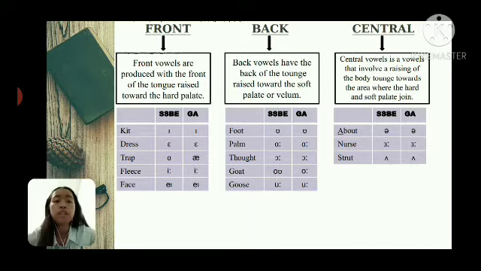Back vowels are sometimes also known as dark vowels. It's the opposite of the front vowels because they are perceived as sounding darker than the front vowels.